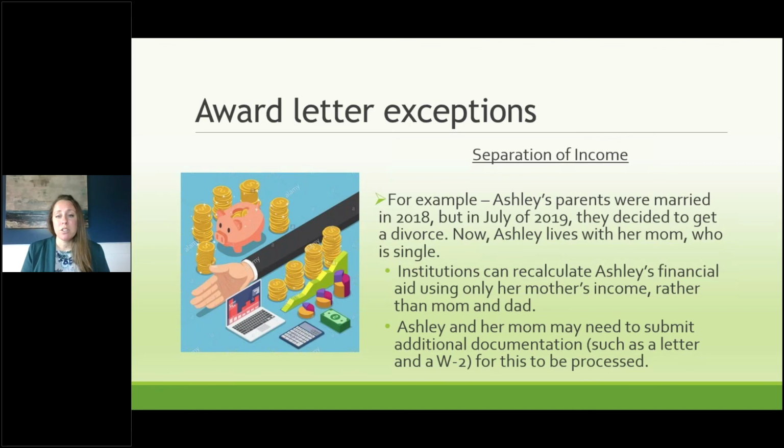Now the student lives with her mom, but because the tax information reported on the FAFSA was 2 years old, it's no longer accurate. So the college can adjust for this again. We can recalculate the student's financial aid using only mom's income because the student's living with mom, rather than using the income of mom and dad.